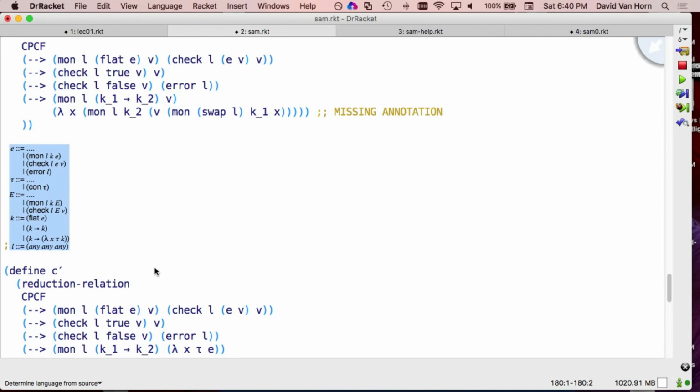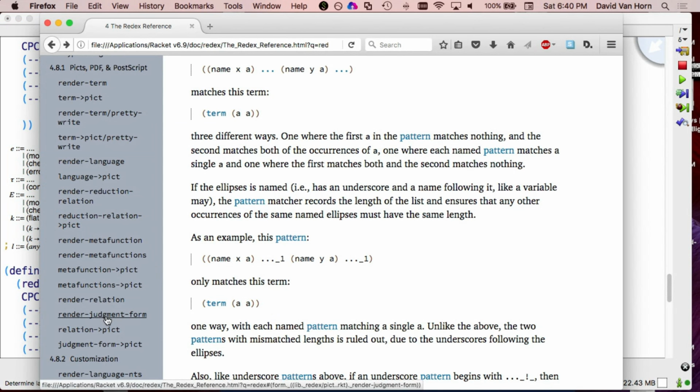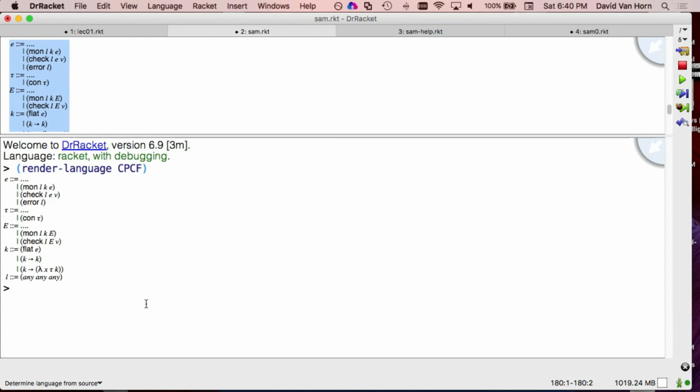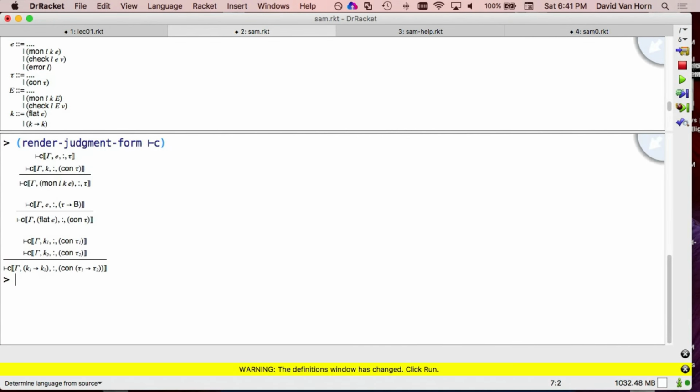So let's do it with the judgment. So render judgment form. The turnstile C judgment form was the typing rules that had to do with contracts, and we get this nice looking set of inference rules that we could include in a paper.